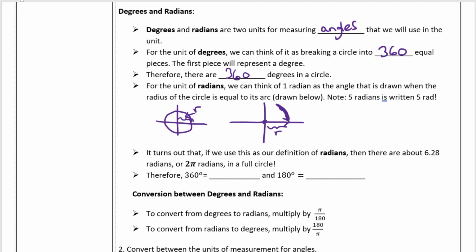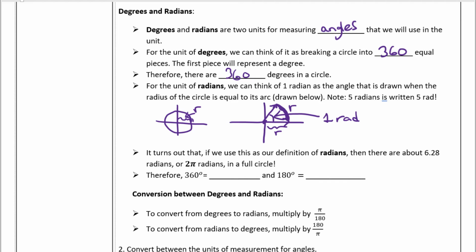So this is a radius r, this is also a distance of r, and this angle represents 1 radian, or 1 rad. So 1 radian is, again, an angle where the radius is equal to the arc that the angle travels.